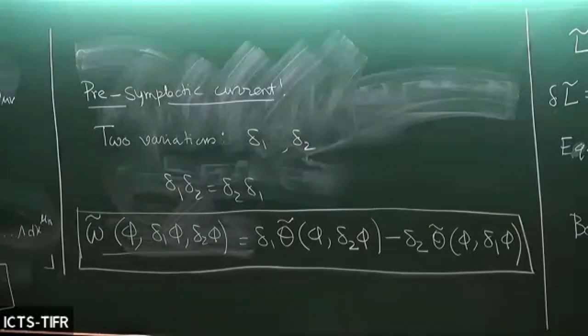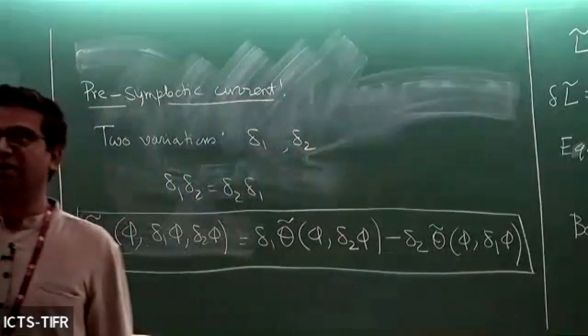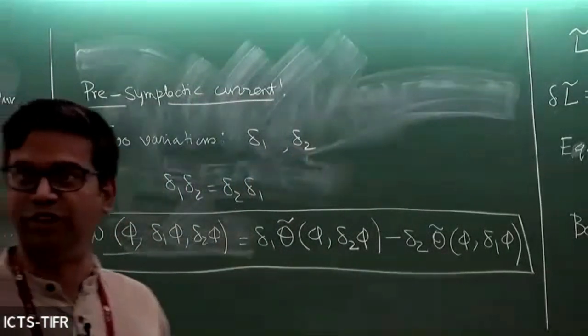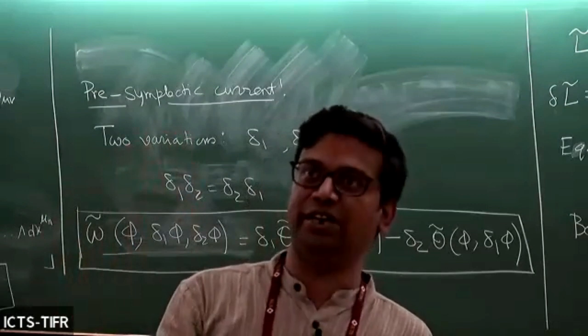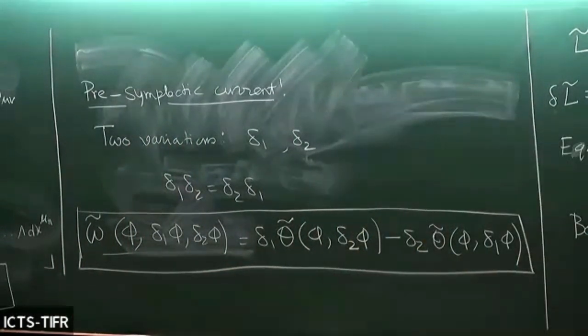It involves two variations, delta 1 and delta 2, and without that you cannot prove that this is a closed form. So in field theory, this structure is important. It will generate the Hamiltonian flow, which we will prove in the tutorial is related to the interior derivative along the direction of the Hamiltonian flow. So this will be the symplectic form.